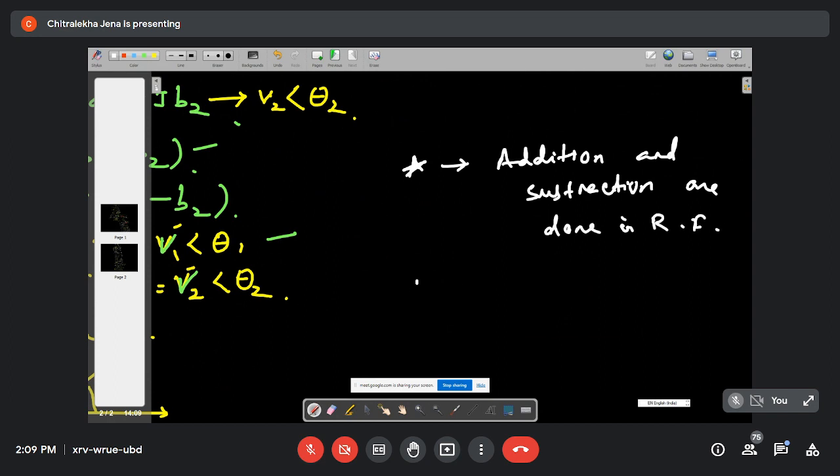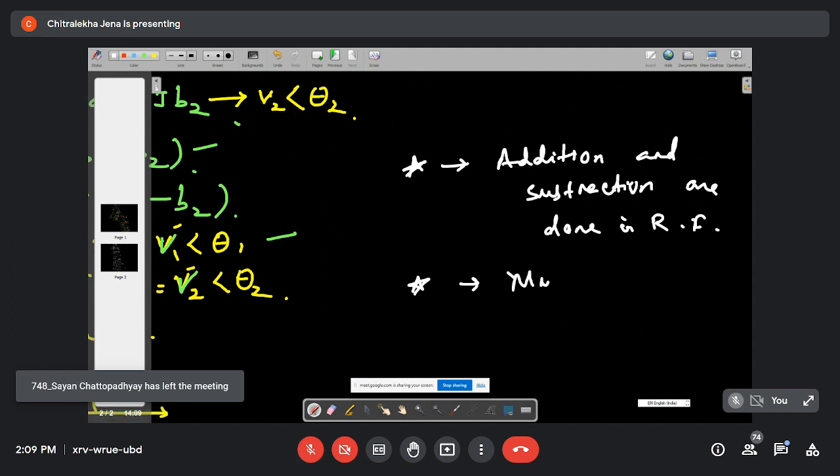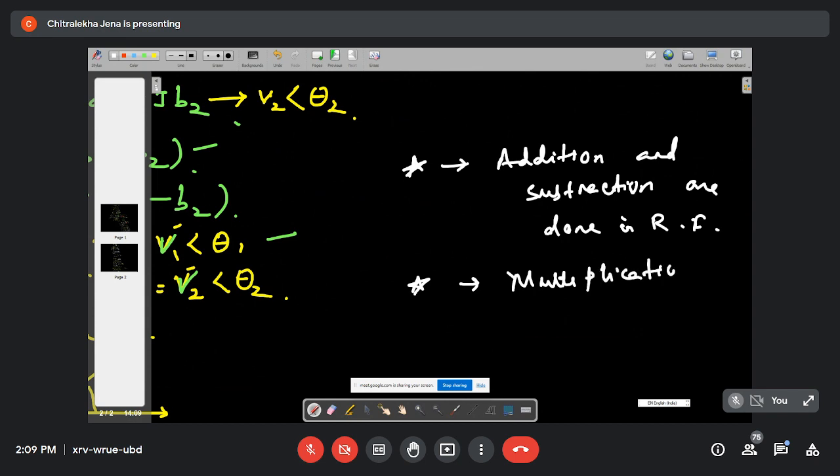And the second one, multiplication and division, you have to do in which form? Polar form. Yes, these 2 points you write down. Multiplication and division are done in polar form.